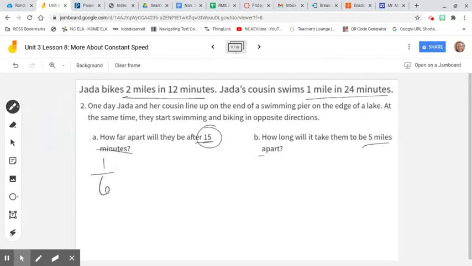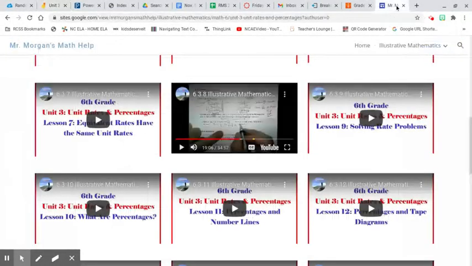We multiply 1/6 times 15 for 15 minutes, and that's where we get the 15/6. When we divide that, we get 5/2 or 2.5. Okay. So how long will it take them to be 5 miles apart? Let's see what Mr. Morgan says about this one.